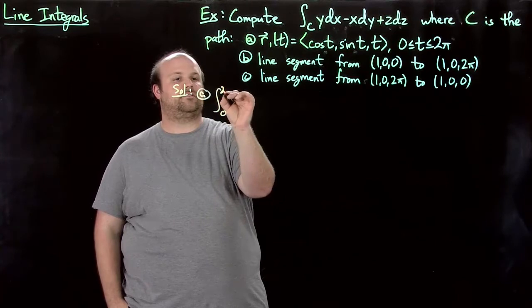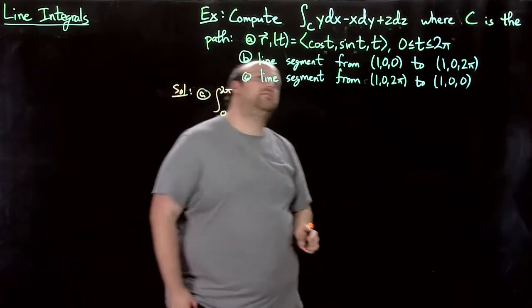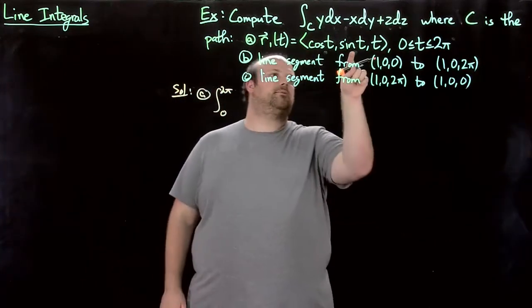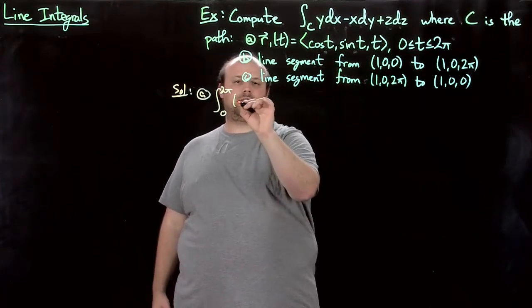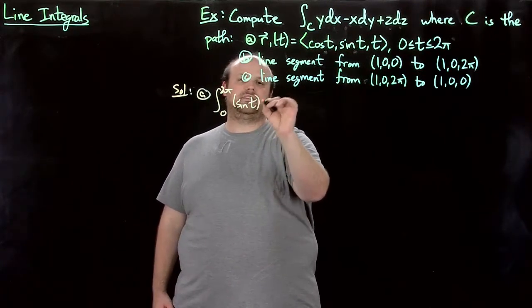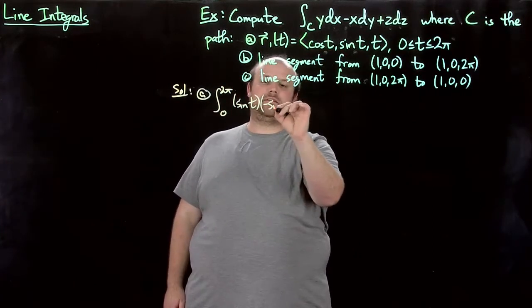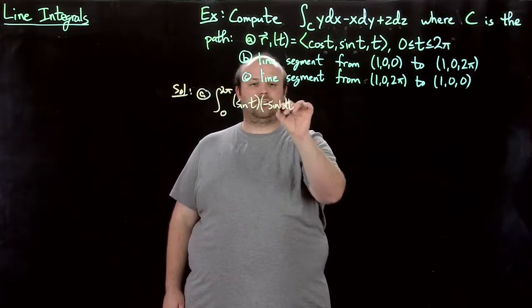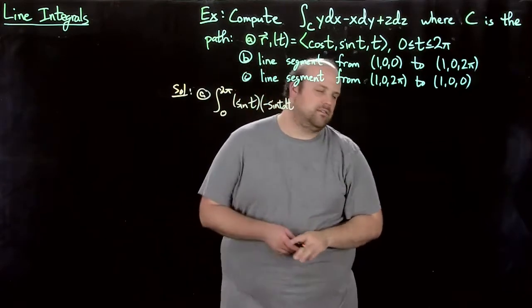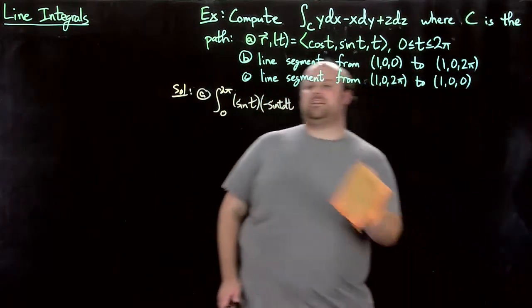So integral from 0 to 2 pi of, well, y dx, so we're plugging in y, so sine of t. dx is x prime dt, so negative sine of t dt. Let's clean that up a little bit here.